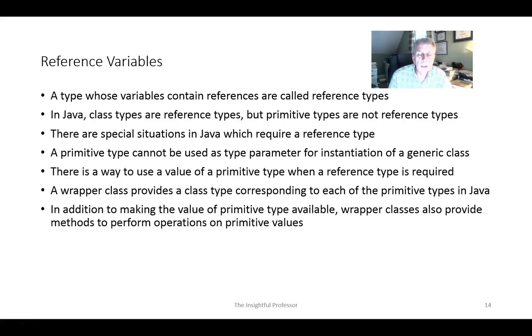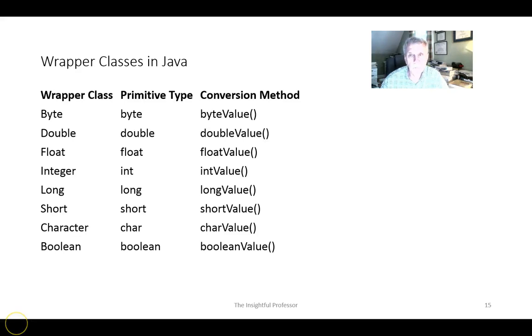There's one class for each of the primitive data types. In addition to providing a reference to the storage, they also provide the ability to perform certain additional operations, as we'll see in just a moment. So a wrapper class is a class that is essentially wrapped around a primitive type.